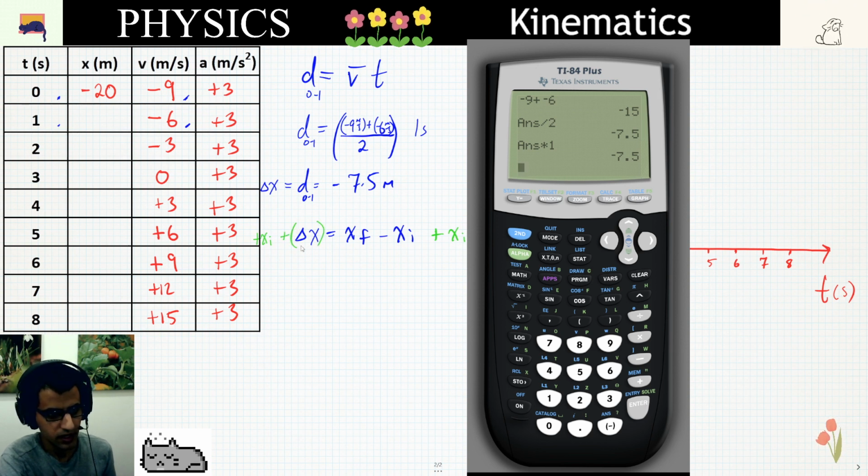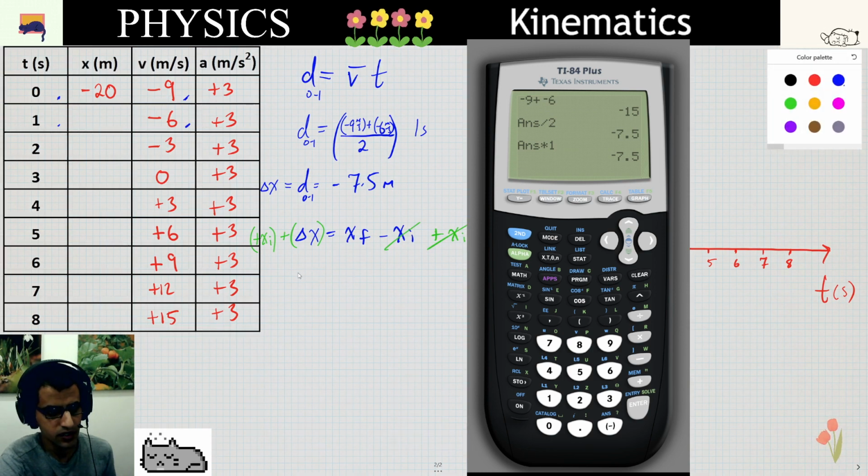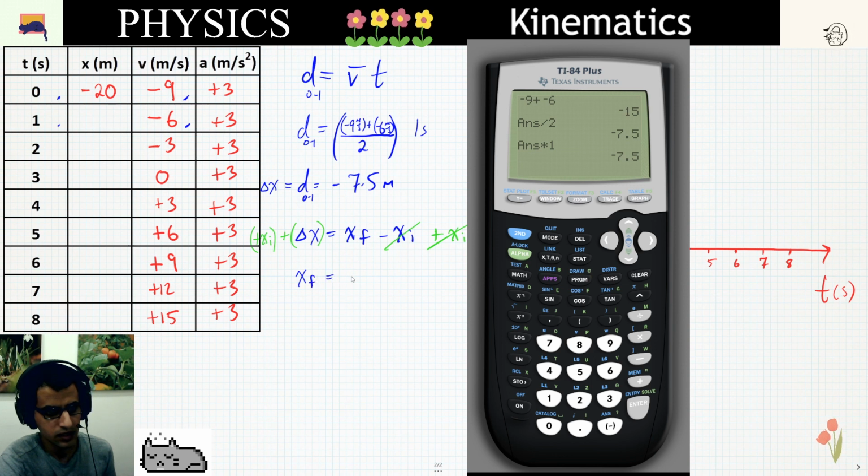Yeah, so it's going to be this plus this. These cancel out, and we got our new equation. The final position is equal to the initial position plus the displacement, which means our final position at 1 second will be equal to, well, our initial position is negative 20 meters.